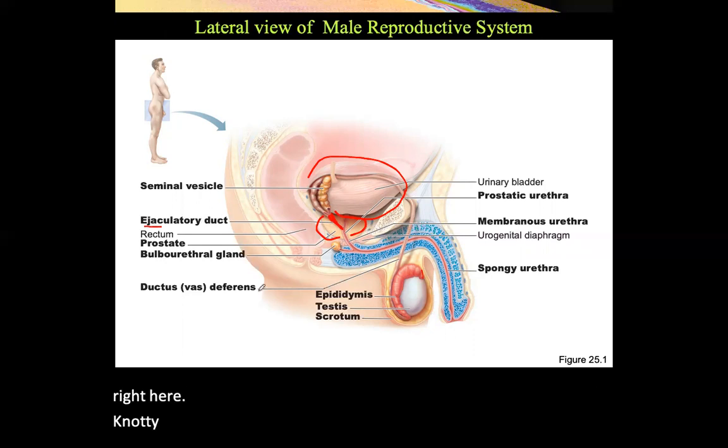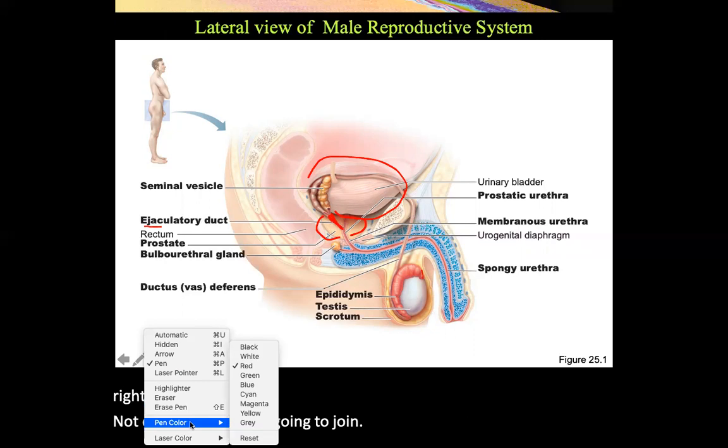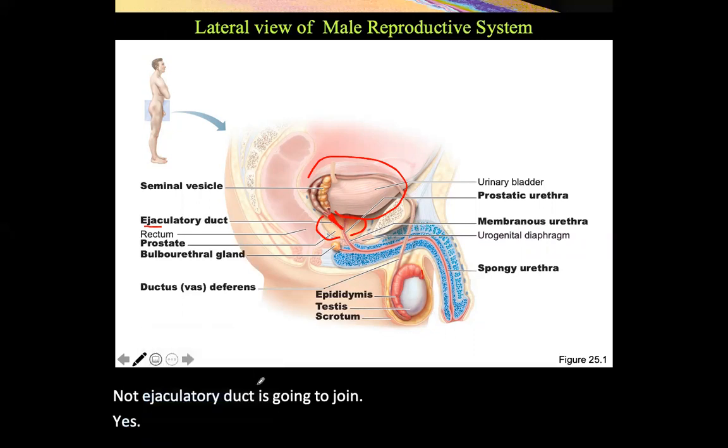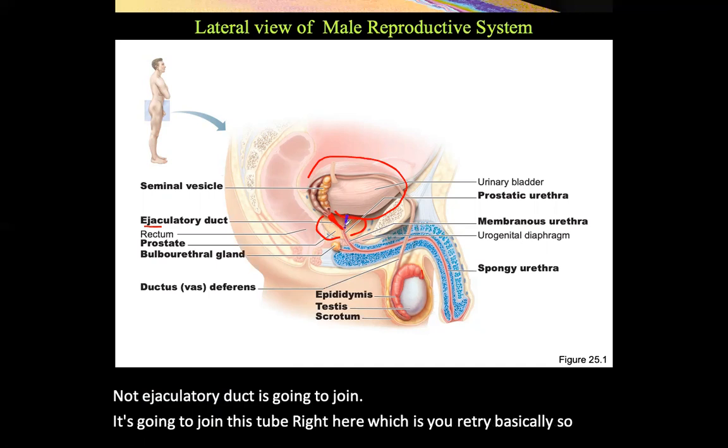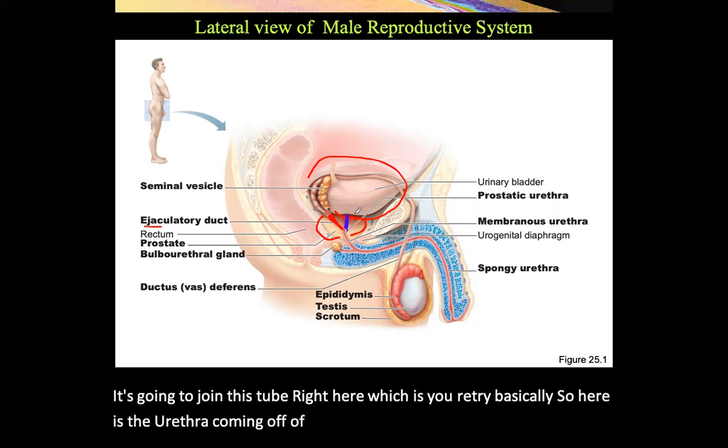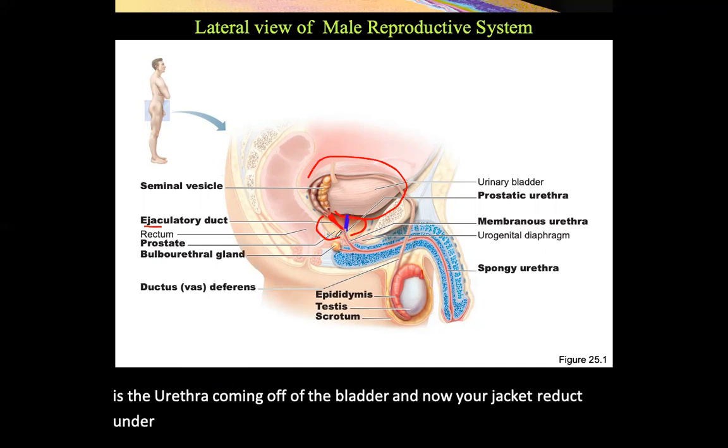The ejaculatory duct is going to join this tube right here, which is the urethra. So here is the urethra coming off of the bladder, and now your ejaculatory duct and the urethra are merging with each other.